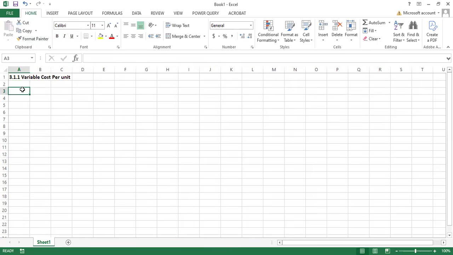So now, first thing first, you were given a total production, so total variable cost. So let's just write total variable cost.